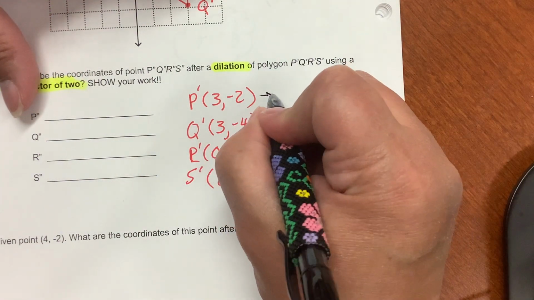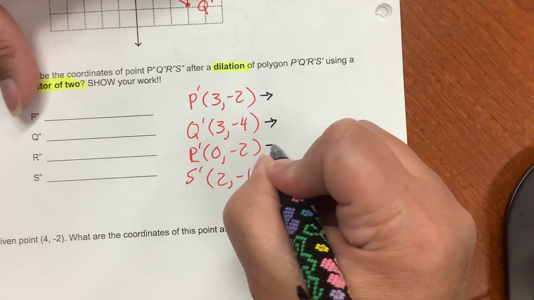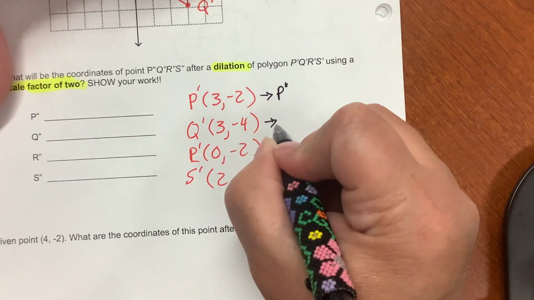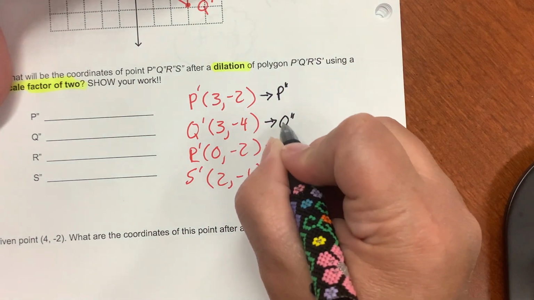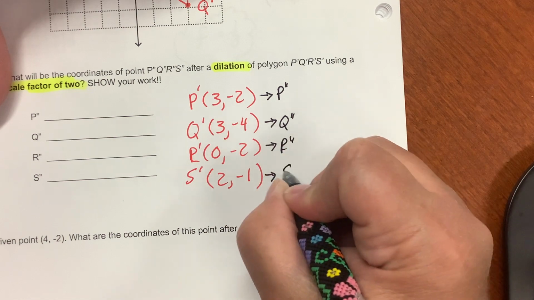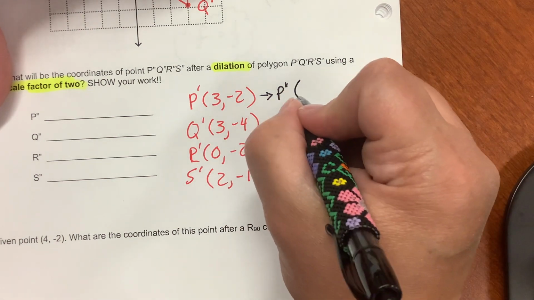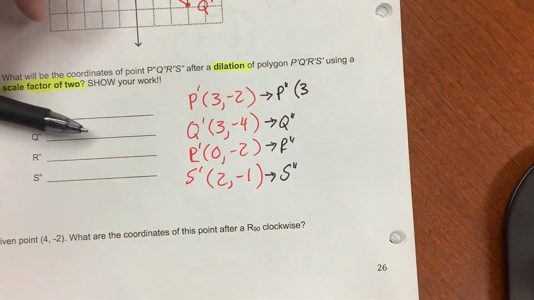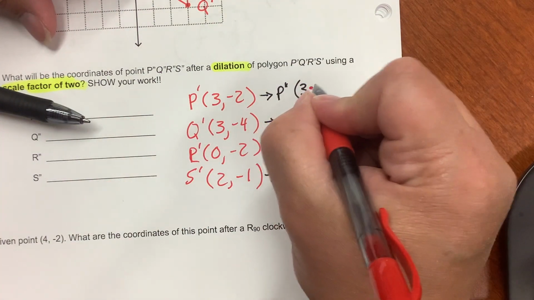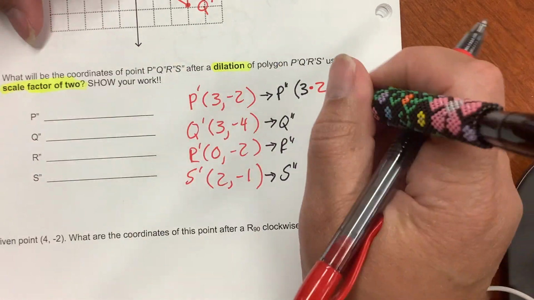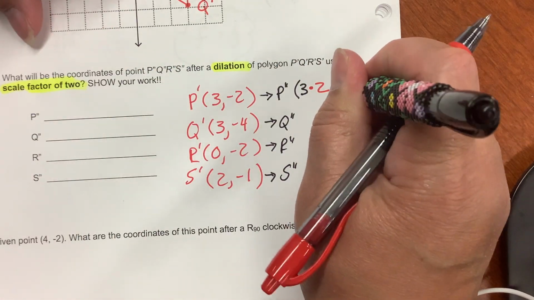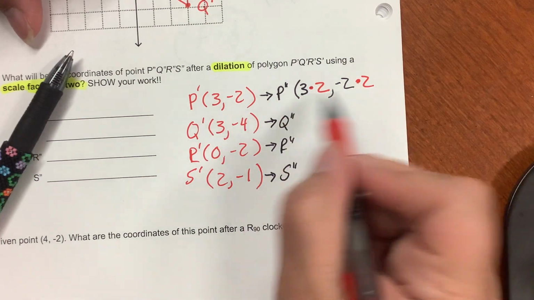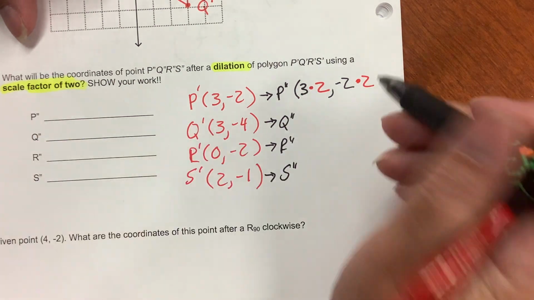So it's going to go to P double prime, Q double prime, R double prime, and S double prime, and 3 times 2, and -2 times 2. This is me showing my work that I'm multiplying by 2.